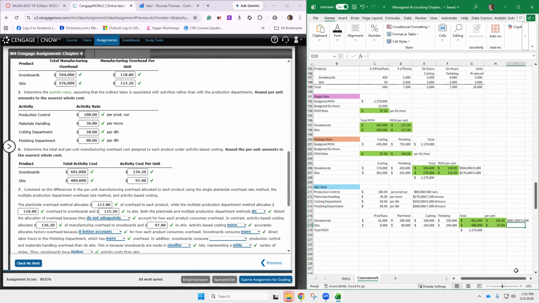That's how you get your per unit. Then you take your 489,000 and divide by another 5,000 units because they make the same number of skis as they do snowboards. So that's how you're getting that.